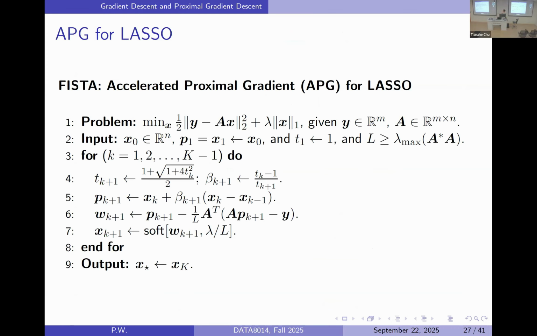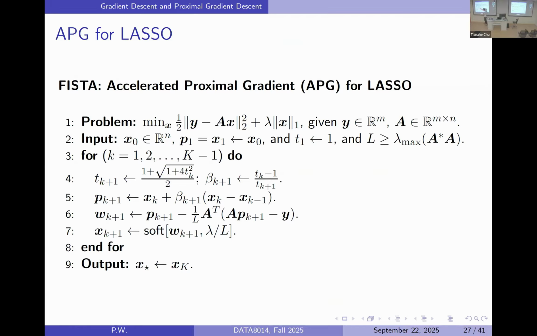In the previous pages, we talked about how to use proximal gradient descent for solving the lasso problem. We can also apply the accelerated proximal gradient algorithm to the lasso problem. The problem is still the same, and if we apply accelerated proximal gradient, the update is like this.